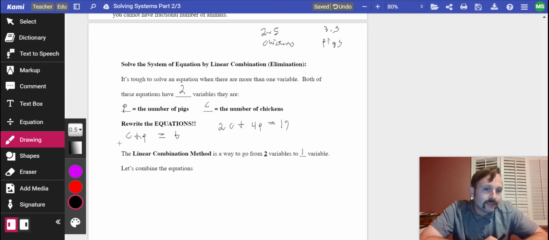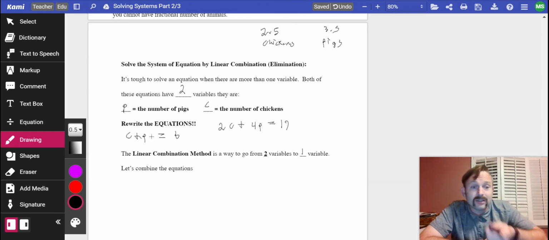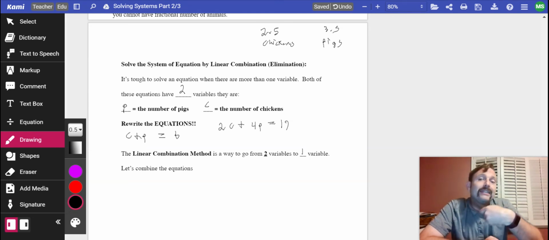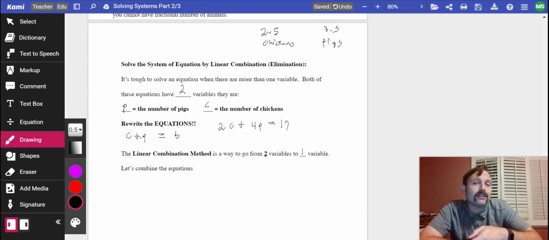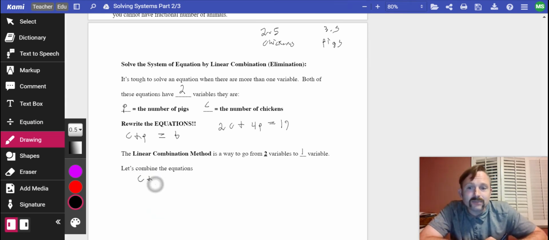Now we have to try to find a way to combine them. None of these are additive inverses. The additive inverse of 2c would be negative 2c. The additive inverse of 4p would be negative 4p. So we're going to have to change one of these equations so that they are additive inverses. So I'm going to change c plus p is equal to 6.